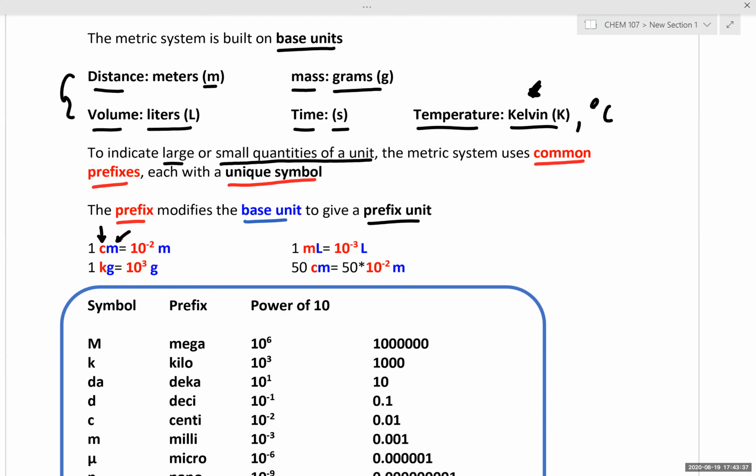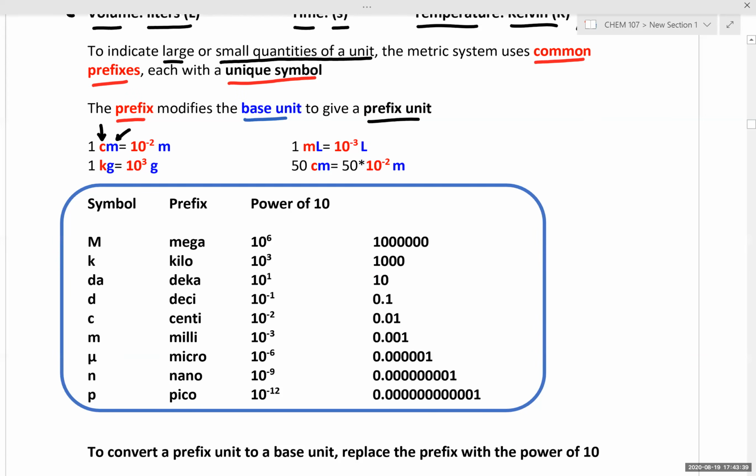Now, looking at each of our different metric prefixes, each of our prefix symbols corresponds to a power of 10. So each of these prefixes are representing a power of 10 amount of our base unit. So I have a list of all of the metric prefixes that I'd like you to memorize and be familiar with.